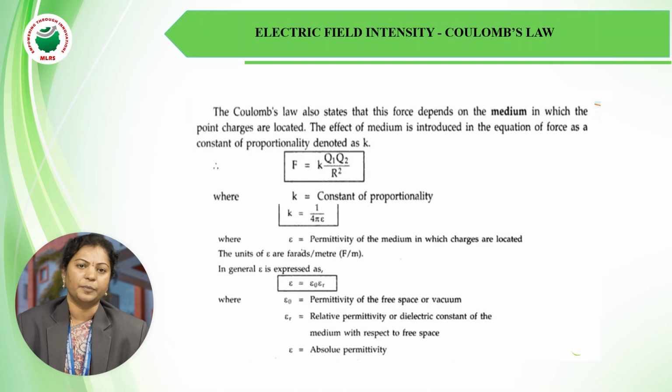In general, epsilon is expressed as epsilon equal to epsilon naught into epsilon r, where epsilon naught is the permittivity of free space, epsilon r is the relative permittivity or dielectric constant of the medium with respect to free space, and epsilon is the absolute permittivity.